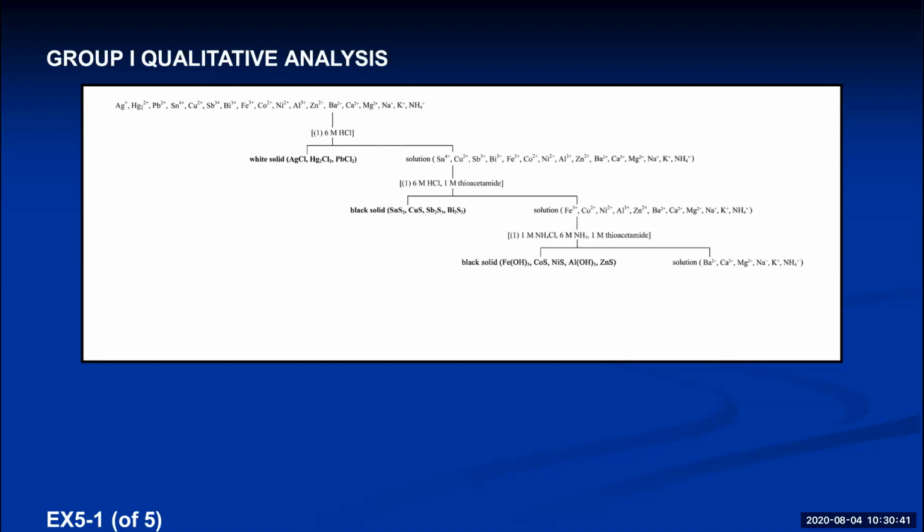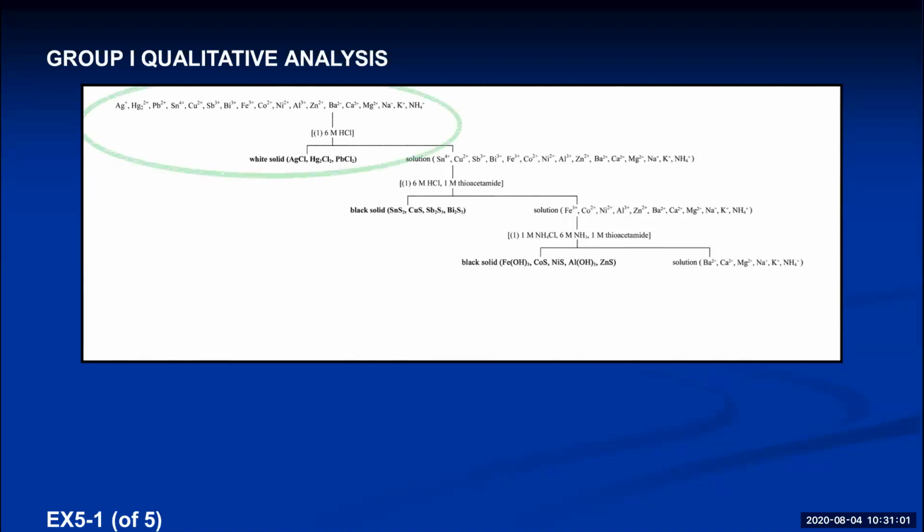The final set at the very right, barium ions, calcium ions, magnesium ions, sodium, potassium, and ammonium. Those make up groups 4 and 5, and our final qualitative analysis experiment will be to analyze and separate each of those to show if they're in a solution or not.